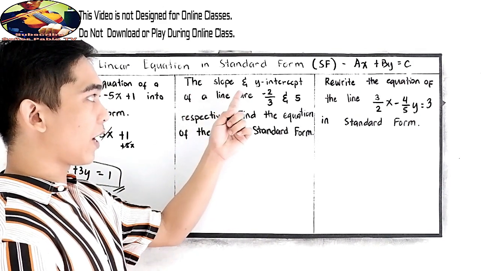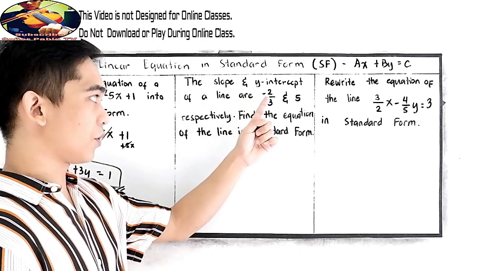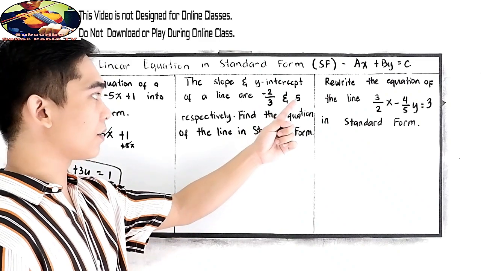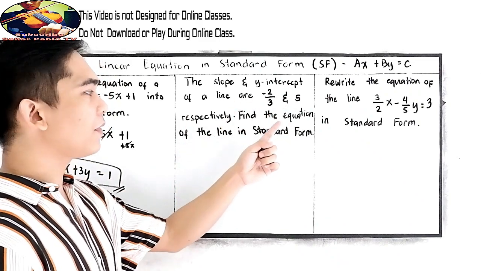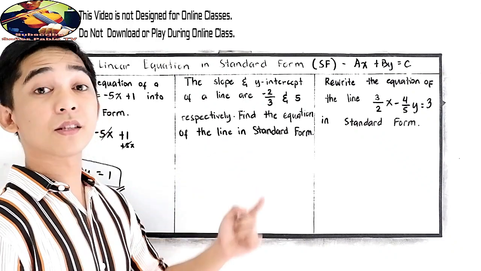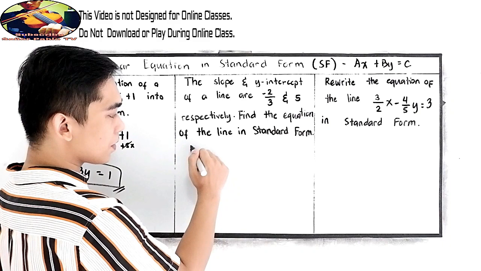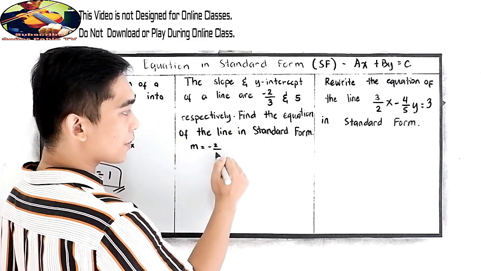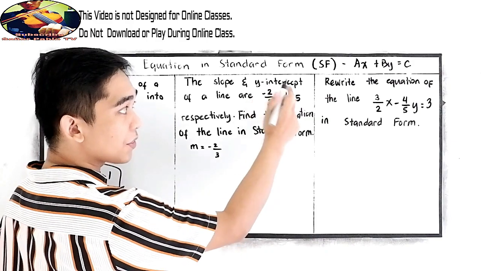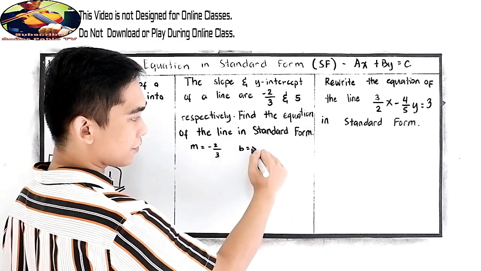The slope and y-intercept of a line are negative 2 over 3 and 5 respectively. Find the equation of the line in standard form. So we have our slope m is equal to negative 2 over 3, and y-intercept, the b, is equal to 5.